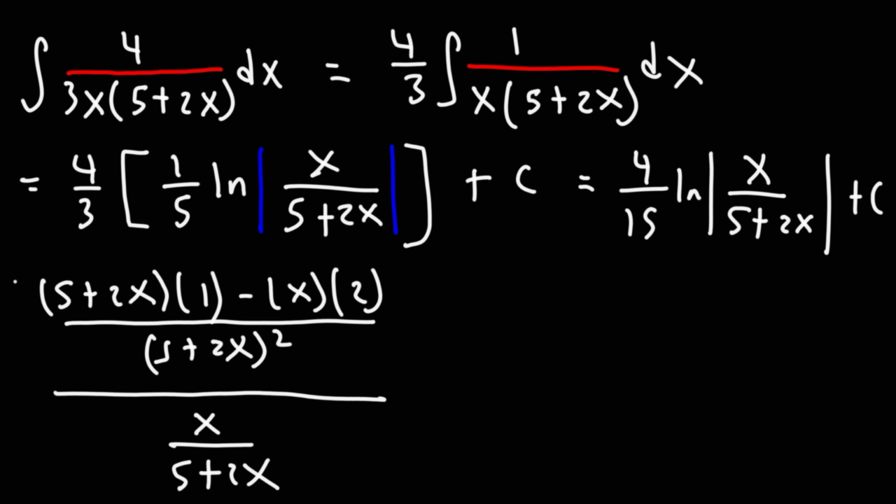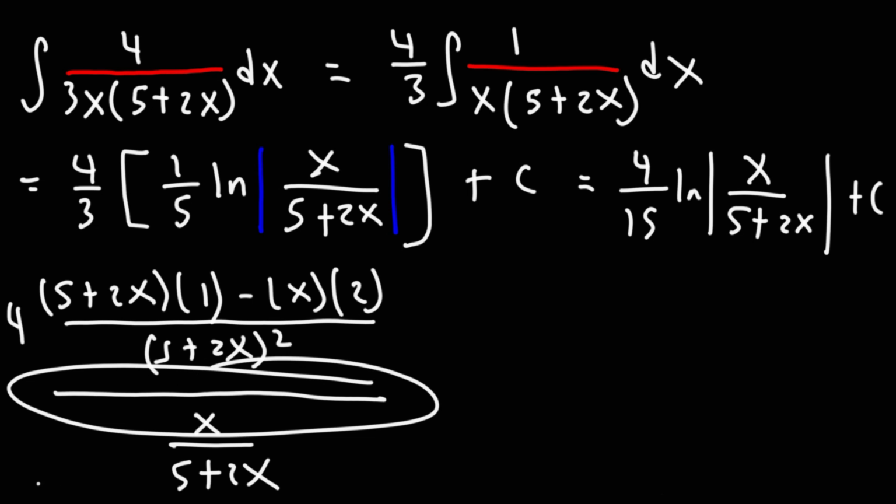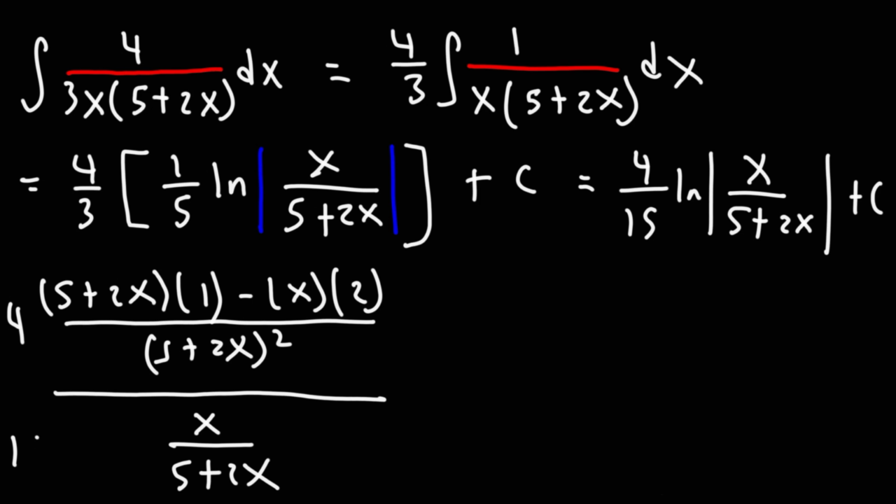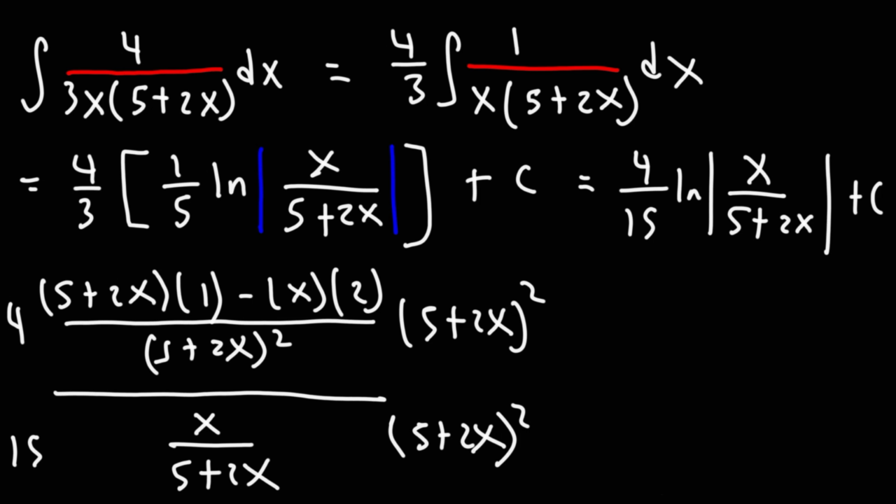So the 4 is in the numerator of the big fraction, and the 15 is in the denominator. Now to get rid of the smaller fractions, I'm going to multiply the top and the bottom by the denominator of the first fraction, or the fraction on top. So these will cancel, and only one of these will cancel, so I'm going to have a 5 plus 2x left over.